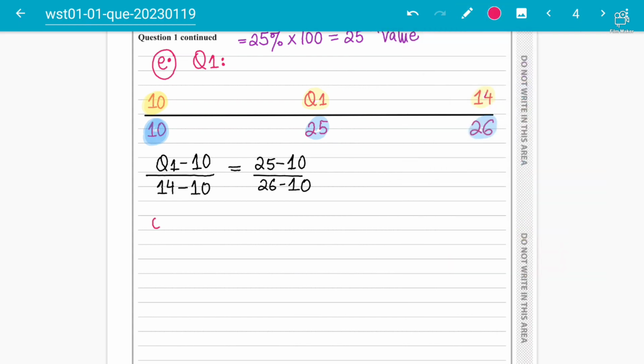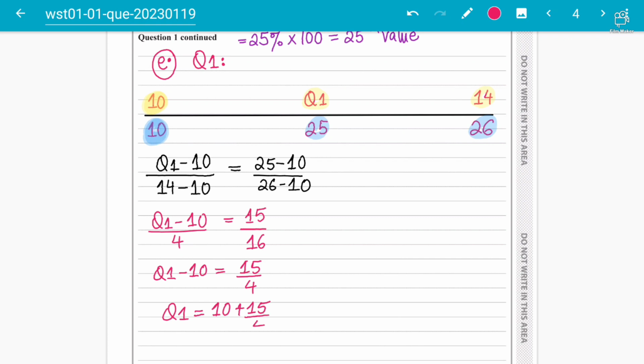Now you solve it. Q1 minus 10 equals 15 over 16 times 4, since 14 minus 10 is 4, 25 minus 10 is 15, and 26 minus 10 is 16. The 4s cancel out, so Q1 is basically 10 plus 15 over 4, which comes to 13.75.